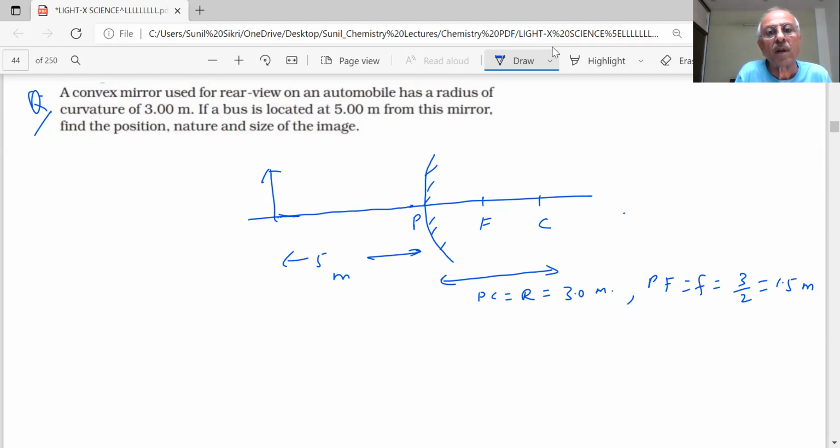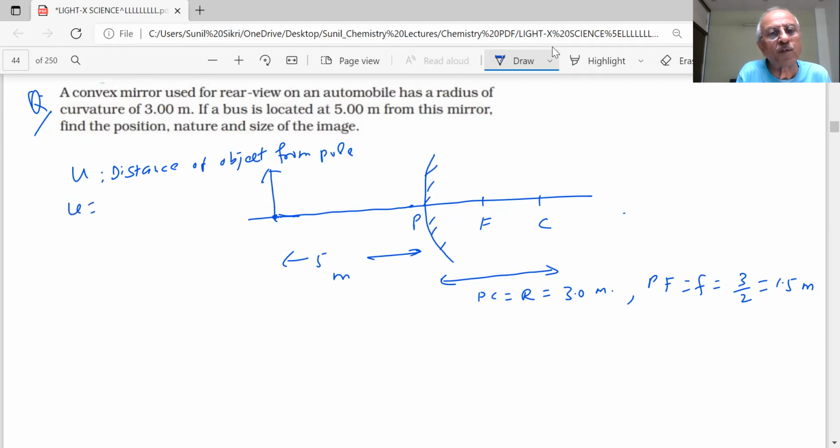Question. So tell me, what will be the value of U, students? U is the distance of the object from the pole. This is a bus here, 5 meters.